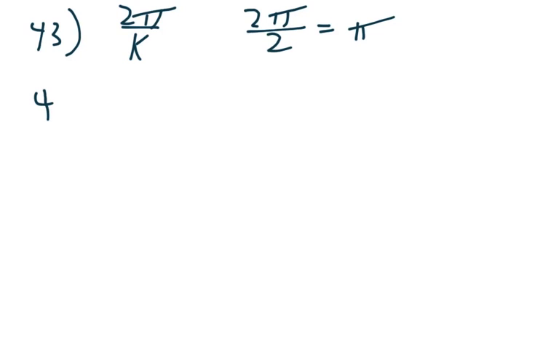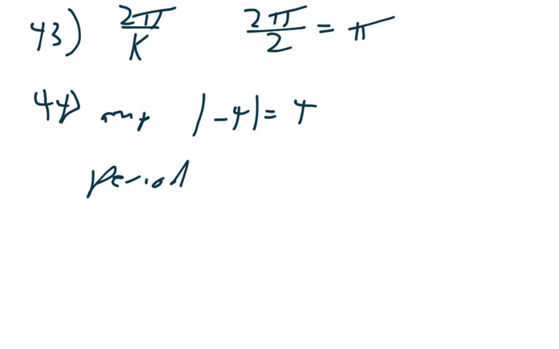For problem number 44, what you want to do is find the amplitude. Well, the amplitude is always positive, so the absolute value of -4 is 4. The period, like in the last problem, is 2 pi over k, and k this time is 4, so that gives me pi over 2.